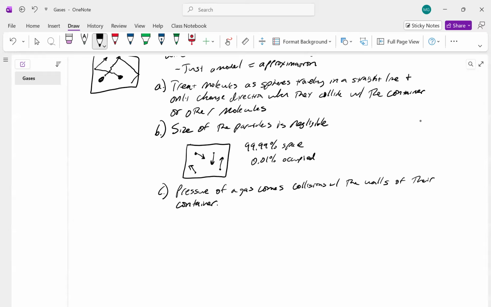So imagine we force air into a balloon. That's a great balloon. But the way that that balloon stays inflated, as long as it's sealed, is these gas molecules are colliding with the wall of the container. And that creates pressure.